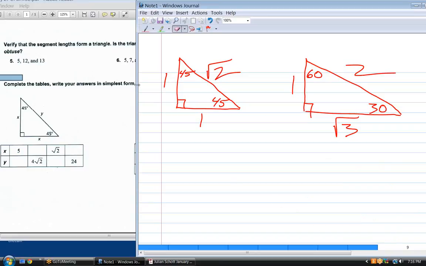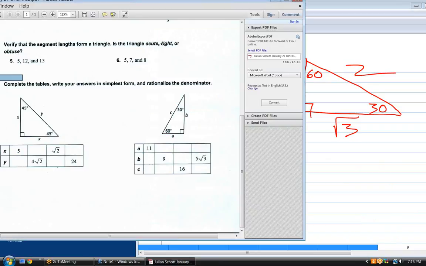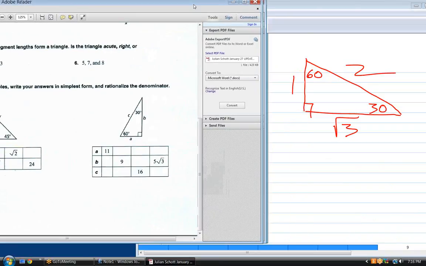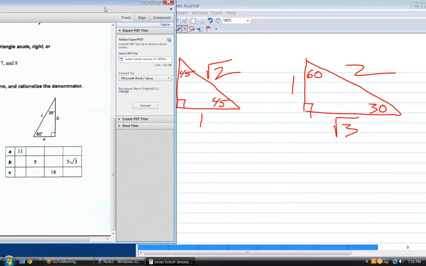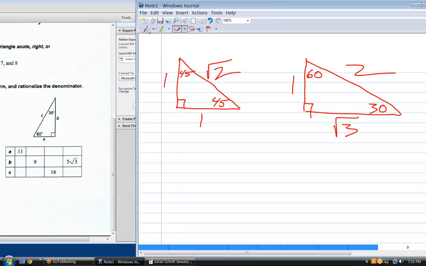Okay? Now, let's look at this other problem, which deals with the 30-60 triangle, which is this one right here. Completing this table is going to be doing exactly what we've just done for the last 5 minutes. Alright.